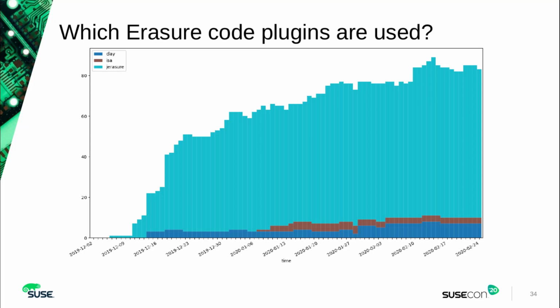And here we can see that the vast majority of all deployments use Jerasure, which is the most simple, most straightforward plugin to use. A few of them use ISA, which is the Intel accelerated system. And we already see some significant adoption, given how it's a new feature, of the Clay plugin, which is great news as well.